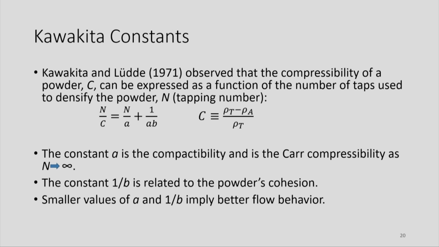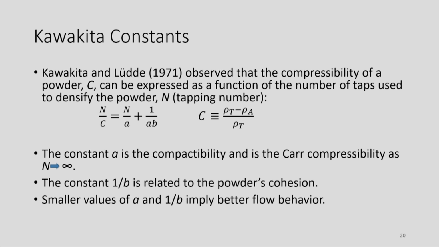Constant A is related to compactability, how much the powder compacts when you tap, and it's very related to the Carr's index. The constant 1 over B is related to the powder's cohesion and flow behavior.